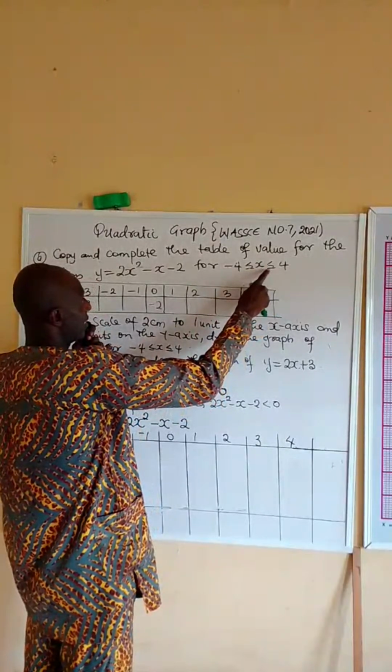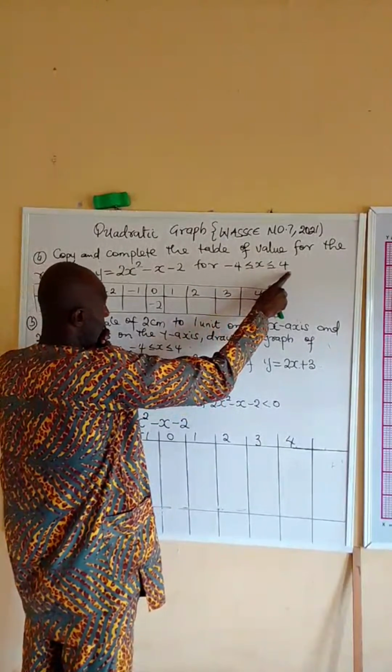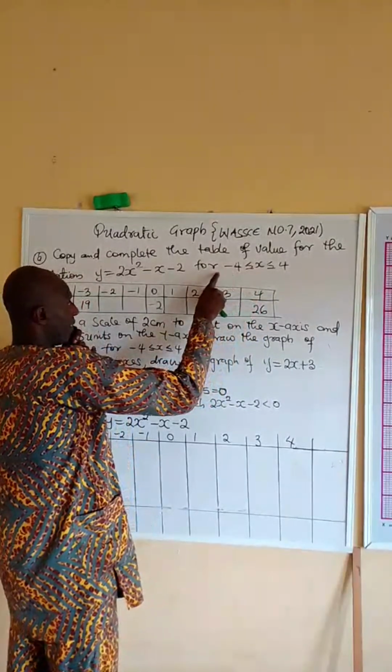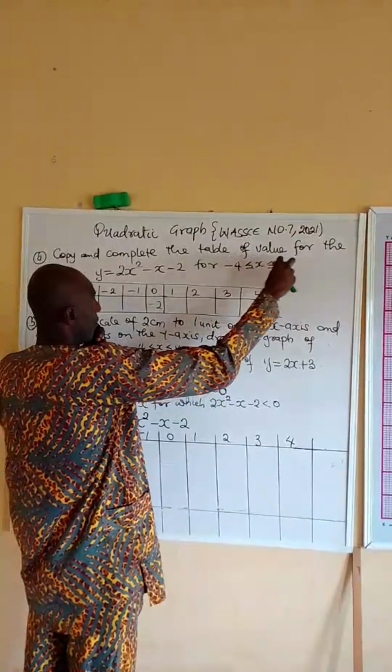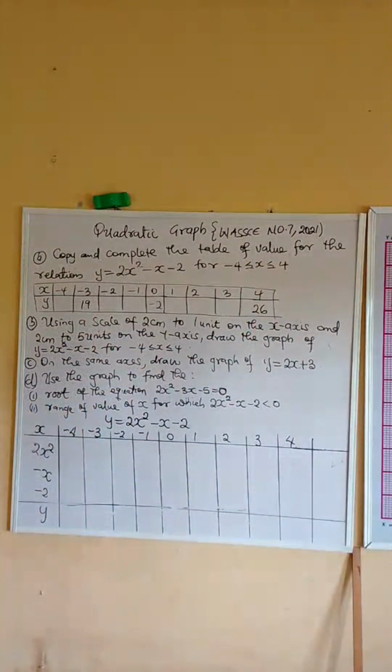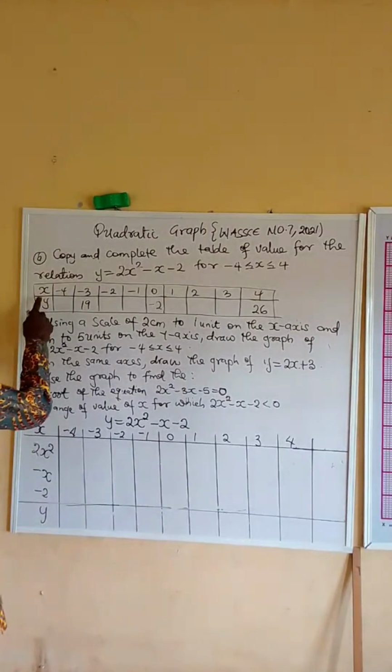Meaning that x is less than or equal to 4 and x is greater than or equal to minus 4. Minus 4 and plus 4 are the boundary points. We call it a closed interval.